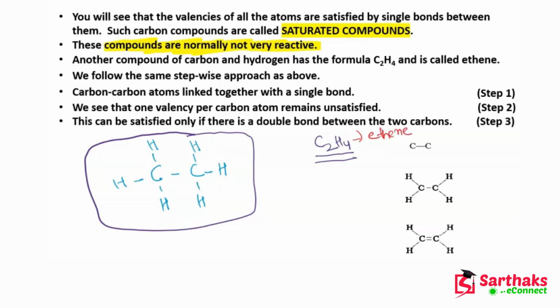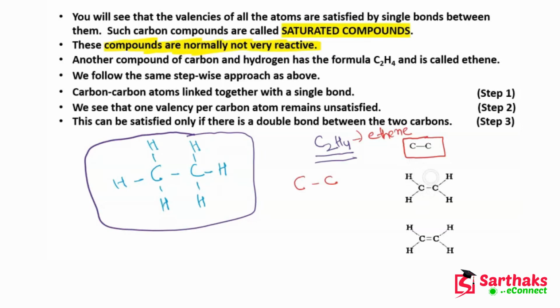Now we will follow the same steps I followed in the previous example to draw the structure of ethene. I have this carbon and I have this other carbon. You can also see this in the picture. Now if we fill up these valencies with single bonds, I connect one hydrogen here, one hydrogen here, and in the same way one hydrogen with a single bond and one hydrogen with a single bond.